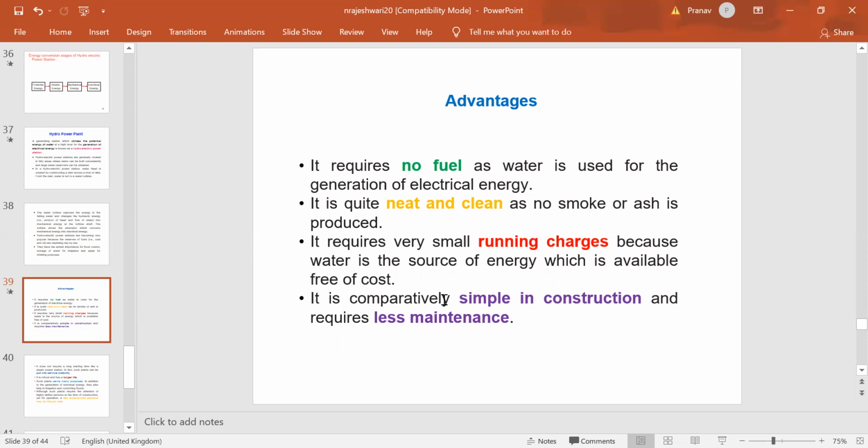It is comparatively simple in construction and requires less maintenance. So construction is also simple for these hydroelectric power stations, and maintenance cost is also low.